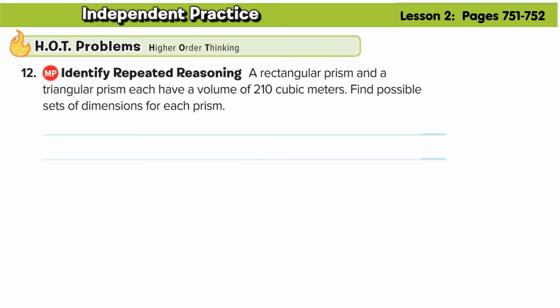Question 12. Identify repeated reasoning. A rectangular prism and a triangular prism each have a volume of 210 cubic meters. Find possible sets of dimensions for each prism.